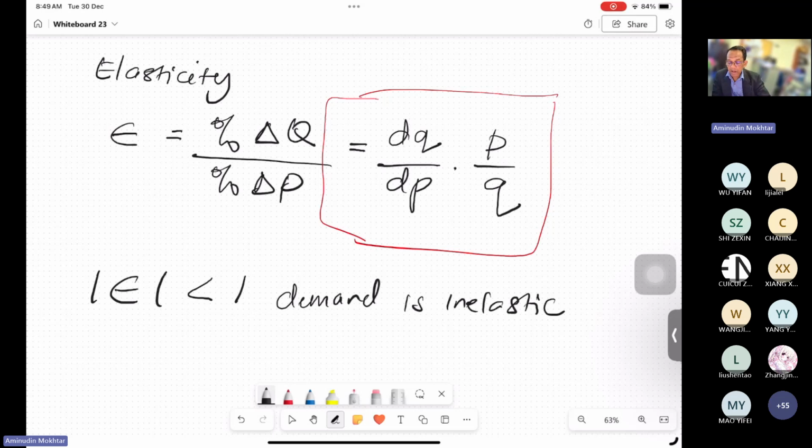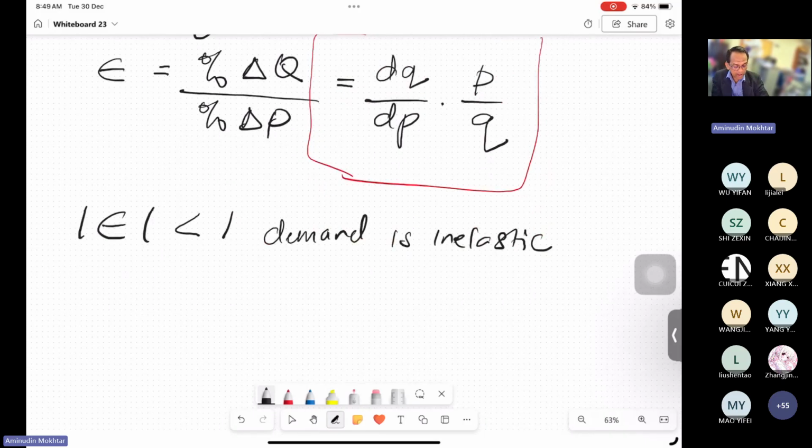What does it mean that the demand is inelastic? Permintaan tidak anjal. That refers to the percentage change in quantity being less than the percentage change in price. In other words, the percentage change in price is greater than the percentage change in quantity.